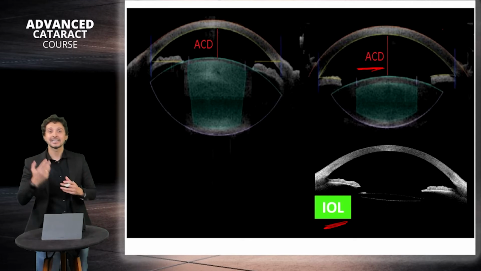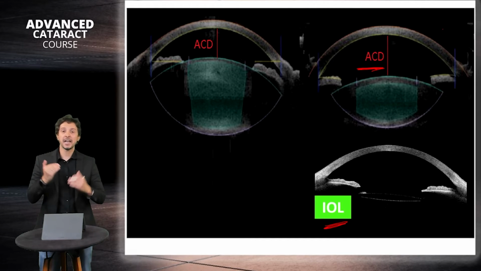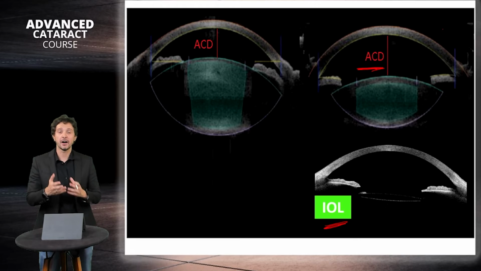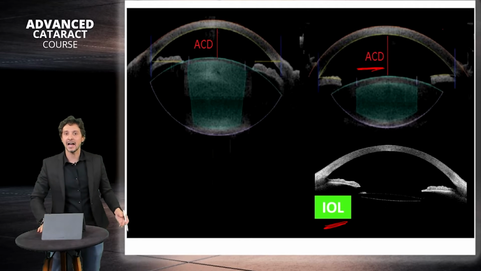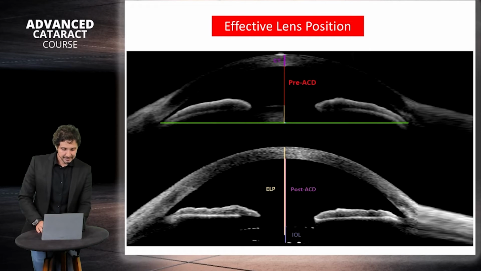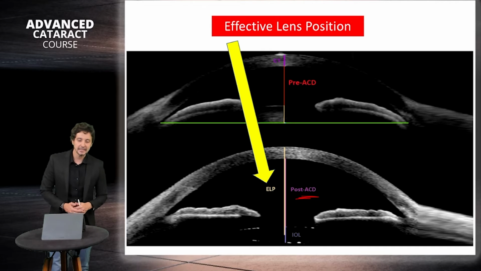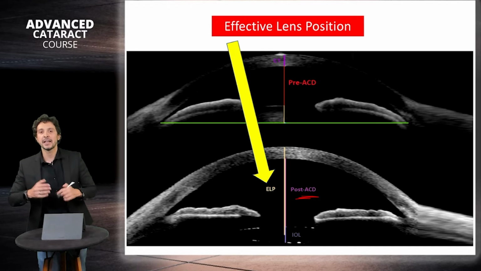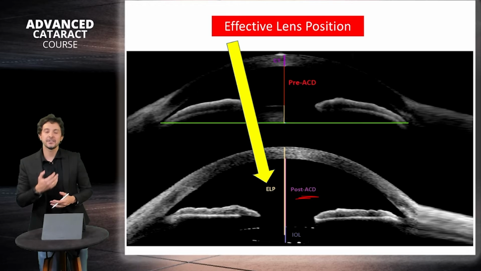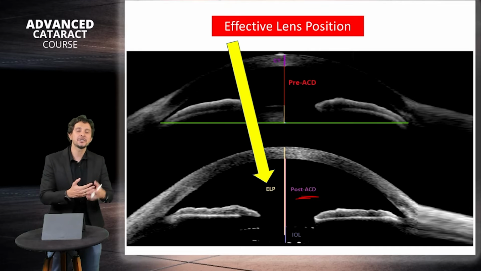This position of the IOL can change the diopter of the IOL that you implant inside the eye. So, for example, this is the pre-anterior chamber diameter, and here the post-anterior chamber diameter. And so you have the ELP, effective lens position. The effective lens position is important to think about with the position of the IOL after the cataract surgery.